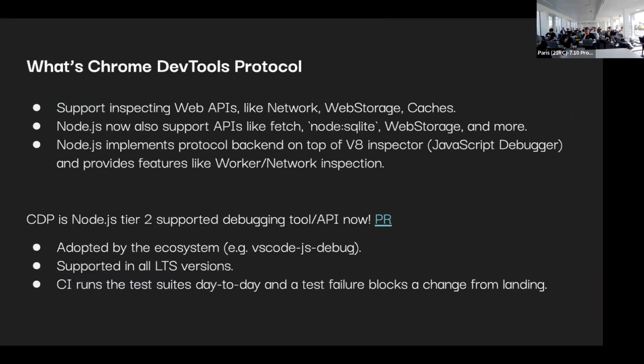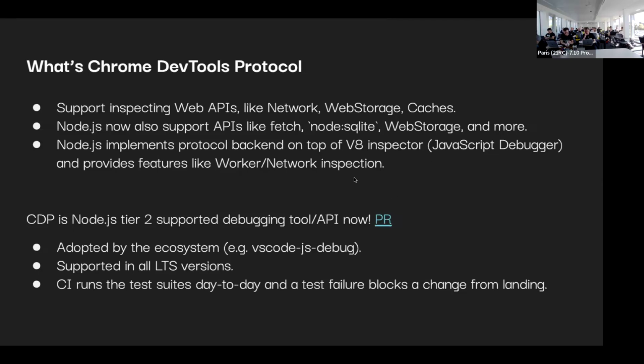We can inspect the network requests, inspect the storage of a page, and inspect the caches of a specific website. In recent years, Node.js has also introduced new web APIs into the runtime, like Fetch, Node SQLite, or web storage.